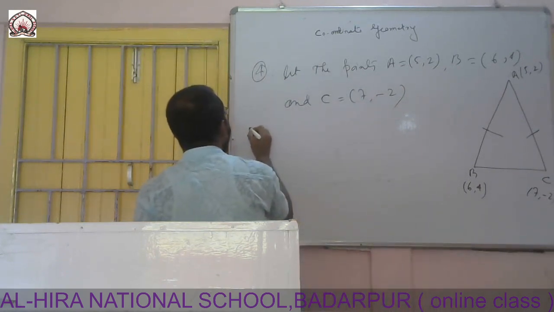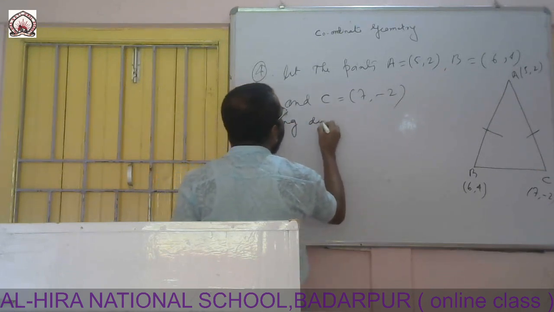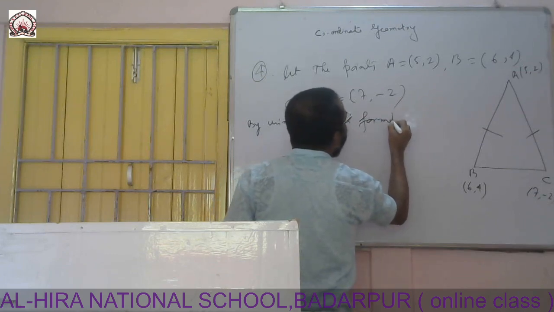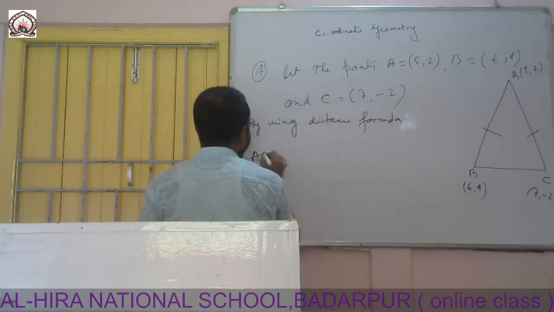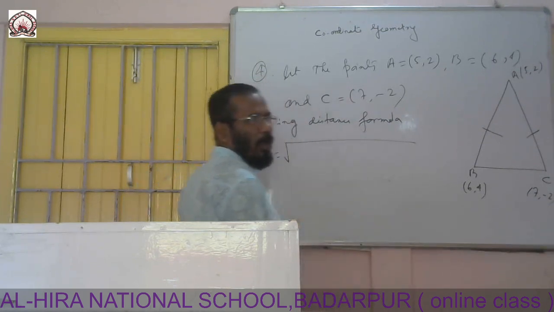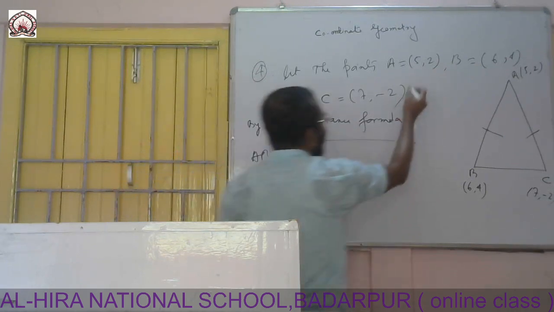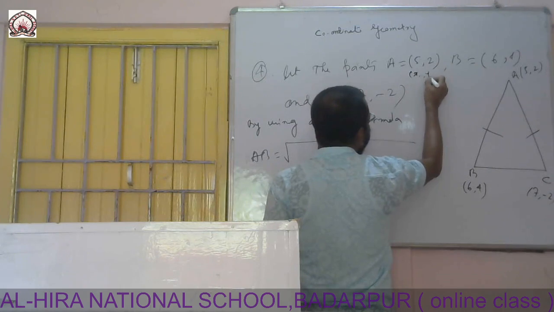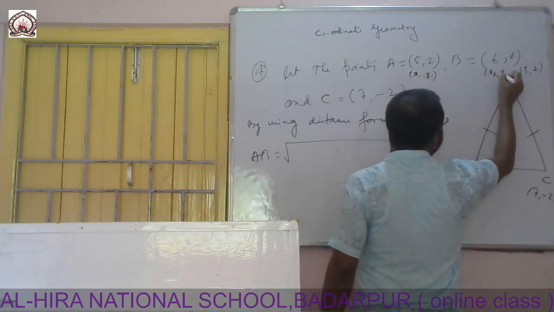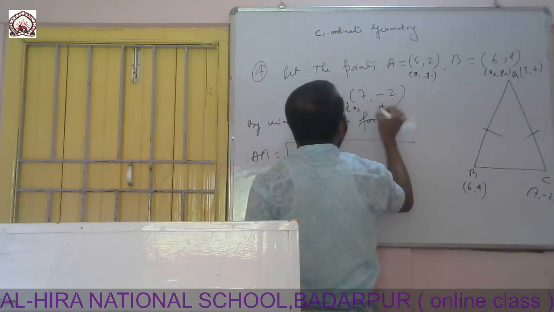So, by using the distance formula, AB will be equal to what? Root over, as earlier I am writing the formula, x2 minus x1 whole square plus y2 minus y1 whole square. Now, we are putting this one is x1, this is y1, this is x2, this is y2, this is x3, this is y3.